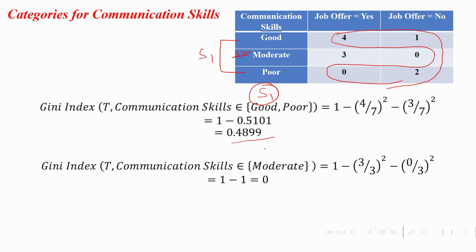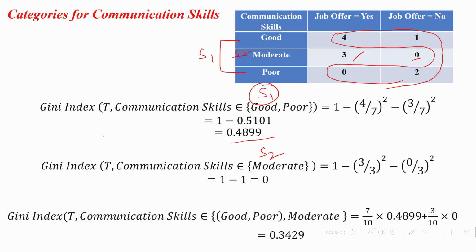So Gini index of the target variable with respect to communication skills belonging to moderate: here moderate contains a total of 3 elements. Out of 3, all belong to yes class and 0 belong to no class. That's why that is equal to 1 minus (3 by 3) whole square minus (0 by 3) whole square, that is equal to 1 minus 1 equal to 0. So we are finding the Gini value.